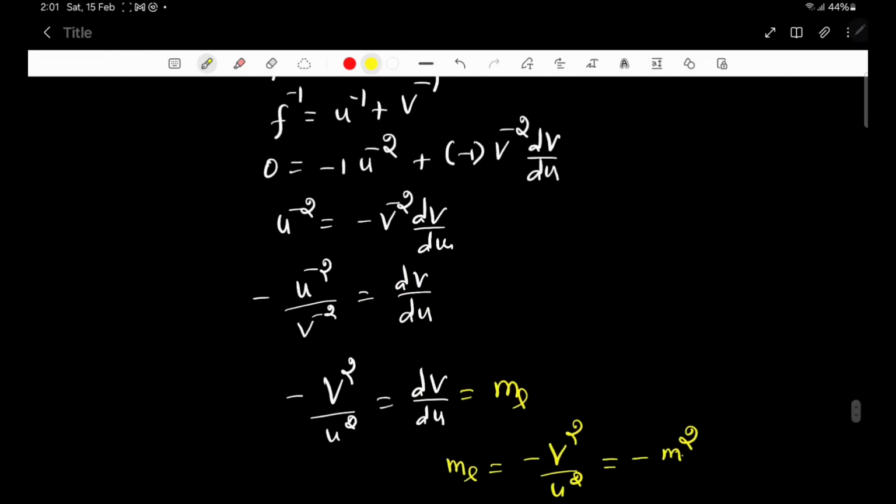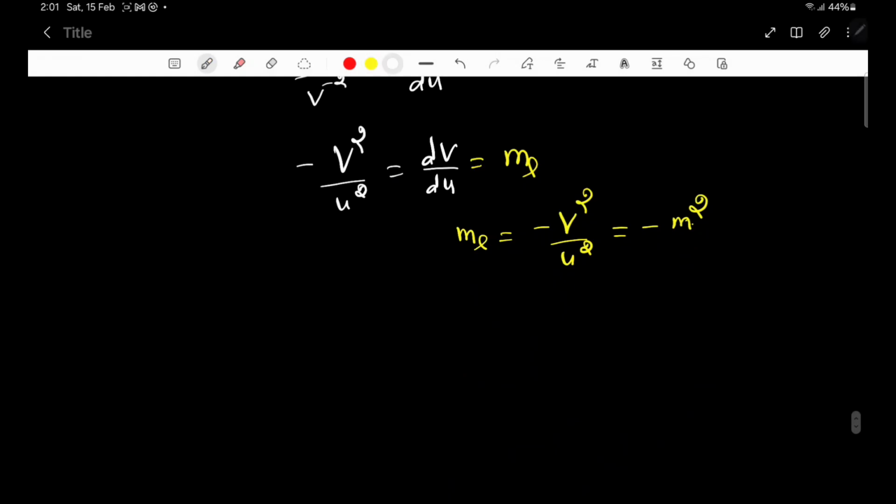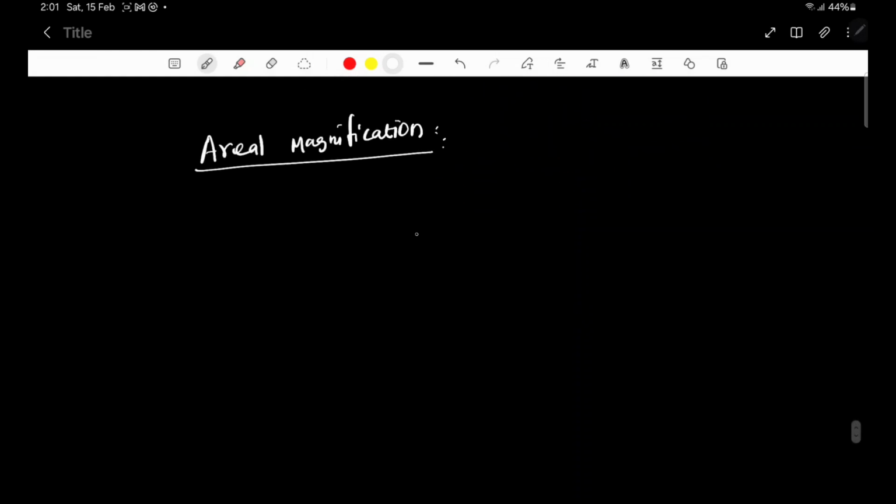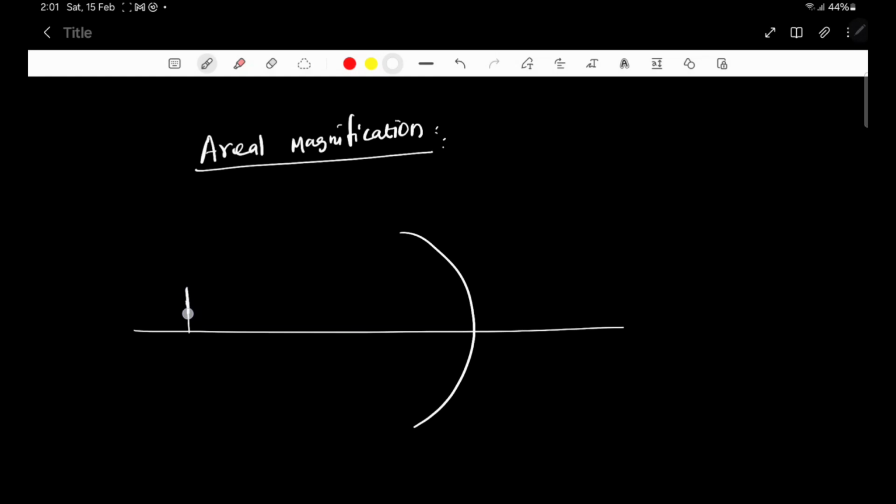Similarly, we can develop the expression for areal magnification also. Consider this. Here we have an object whose dimensions are A and B, and its image is formed over here.